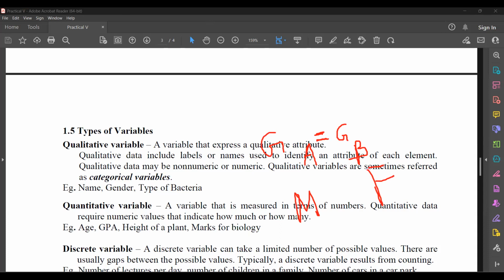Can you compare the genders between two individuals, whether they are equal or not?